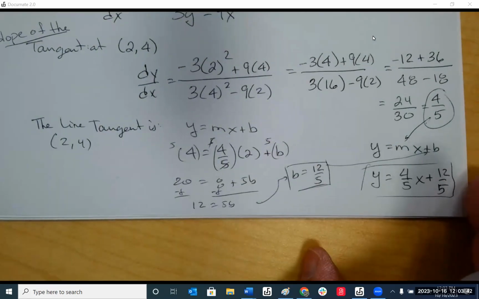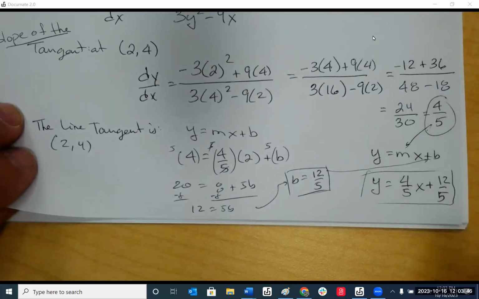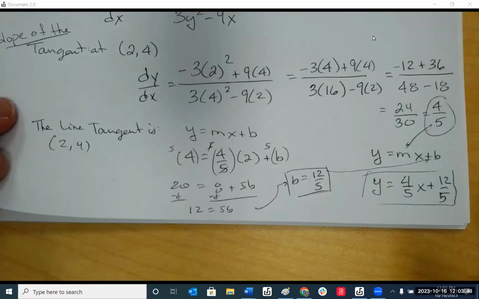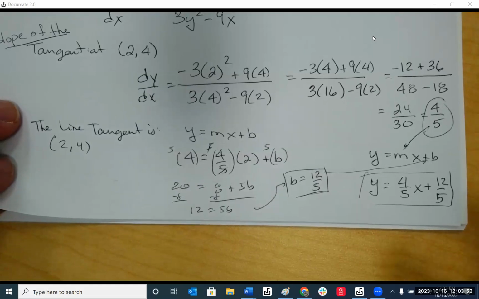How do we find the normal line now? What do we know so far?